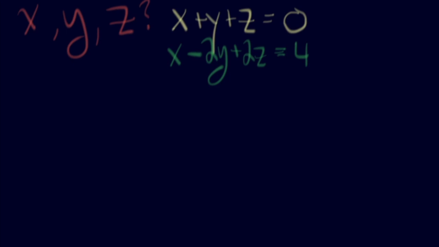And my final equation is going to be x plus 2y minus z is equal to 2. Okay, so there you go.